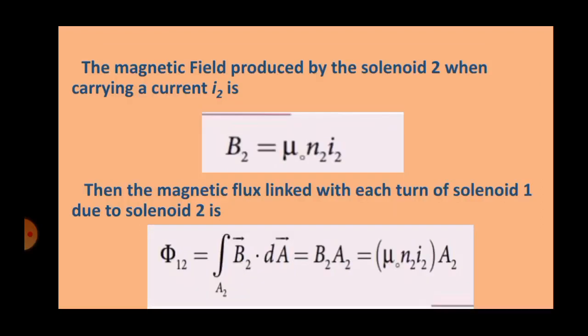Then similarly we can find the mutual inductance M12 of solenoid 1 with respect to solenoid 2 as given below. The magnetic field produced by solenoid 2 when current I2 flows is given by B2 is equal to mu naught n2 I2.